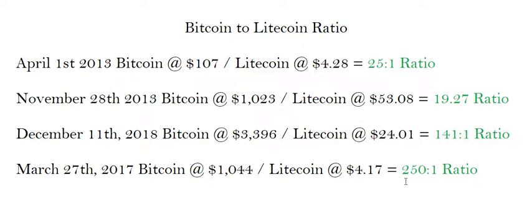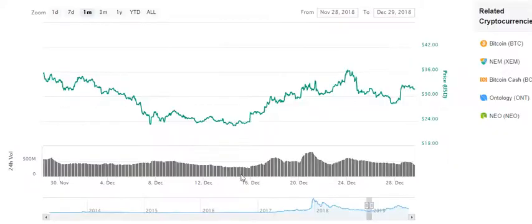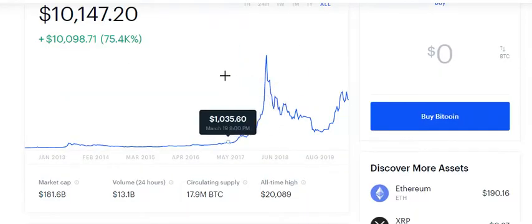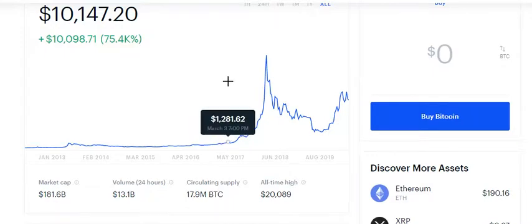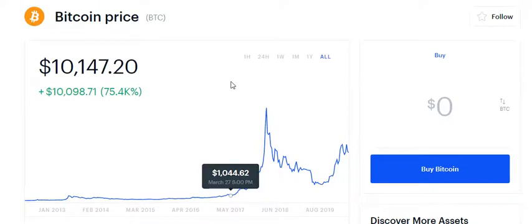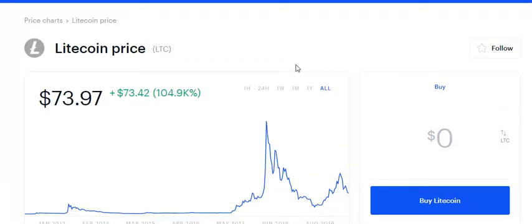Then we're going to look at another one here when it was really out of whack. March 27th, 2017. We'll just go to the Coinbase one. So March 27th, 2017. This is Bitcoin here. So 1,044 Litecoin.